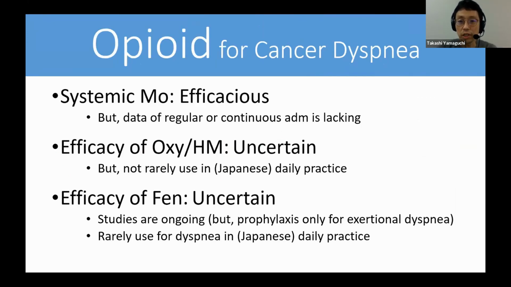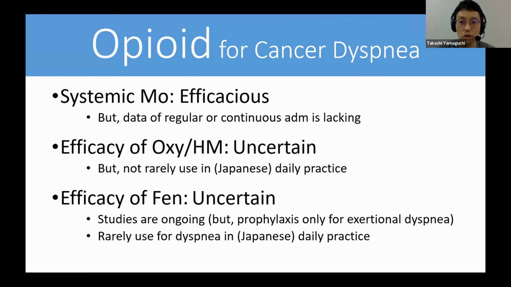So in summary, systemic morphine for cancer dyspnea is basically efficacious, but the data on regular or continuous administration is still lacking. So we have to evaluate the efficacy of this way of administration.